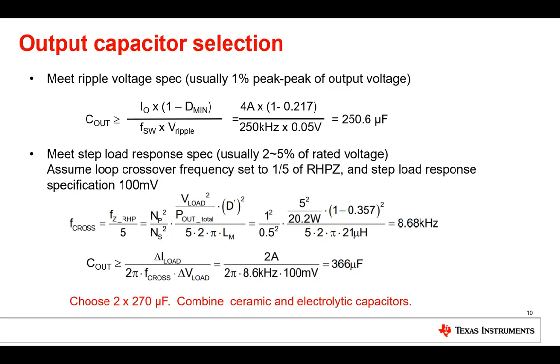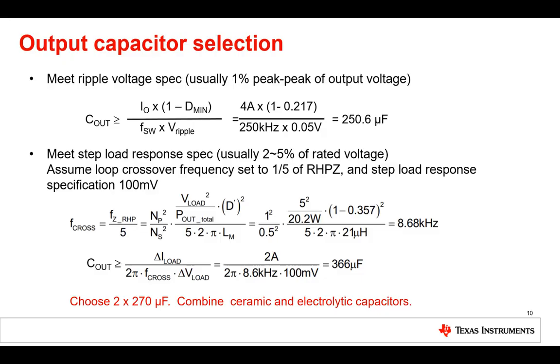A second purpose is to make sure that the output voltage does not undershoot too much when the load increases and does not overshoot too much when the load decreases. This voltage change is called load response. The load response is often specified with 2 to 5% of the rated output voltage. It is dependent on the crossover frequency of the converter.